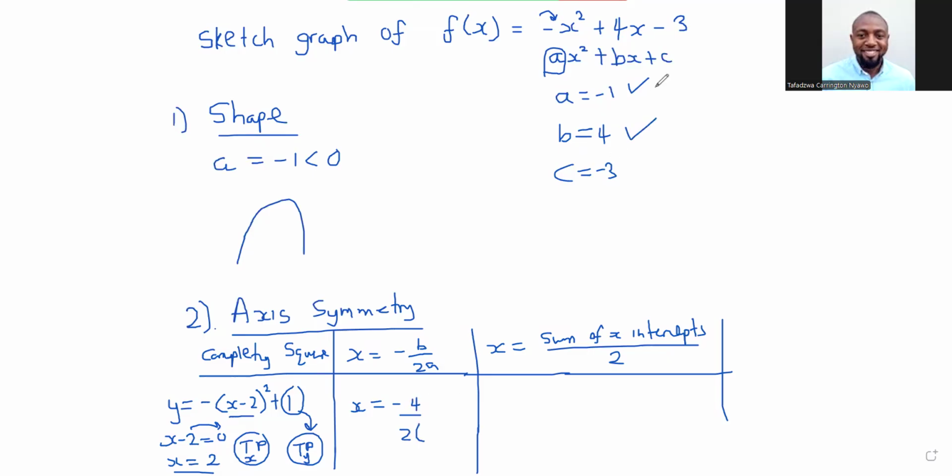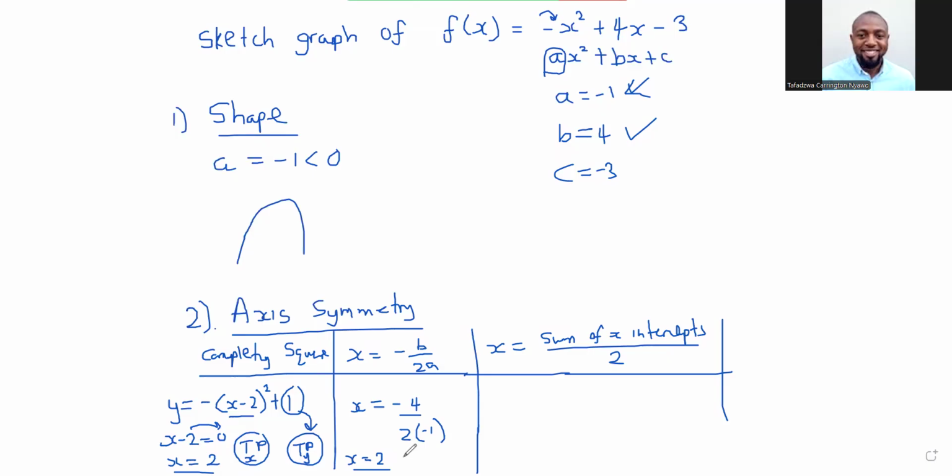What is a? a is -1. So this becomes 2 if I simplify. So x is equal to 2, and this x equal to 2 is my x value of the turning point.